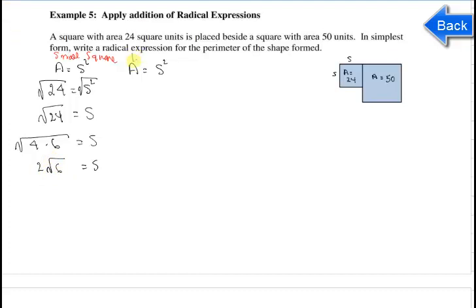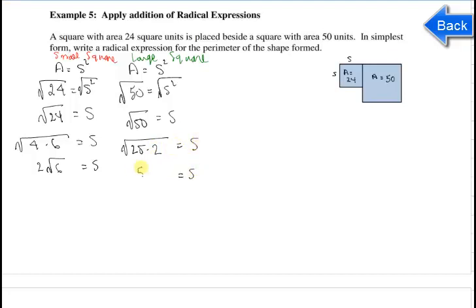Okay, larger square. Its area is 50, so I'm going to replace a with 50. Square root both sides. Once again, positive square root of 50, because I cannot have a negative length. I am going to simplify the square root of 50. The largest square that fits into 50 is 25.